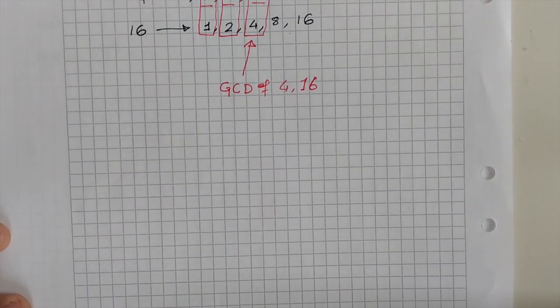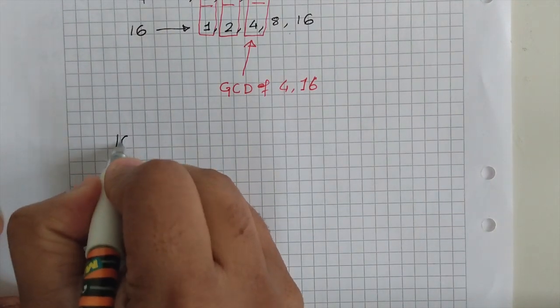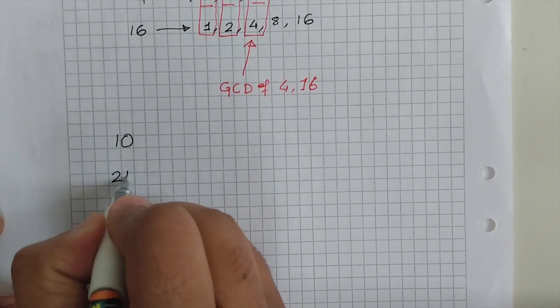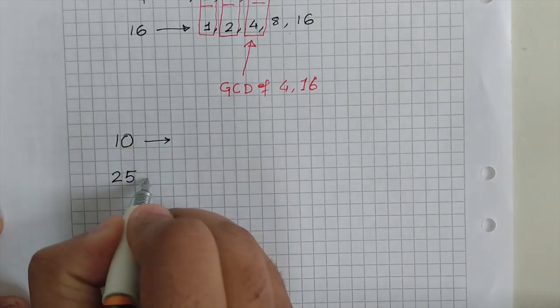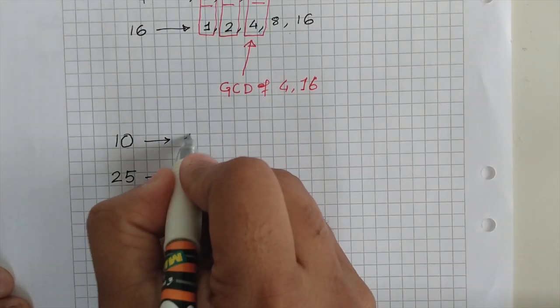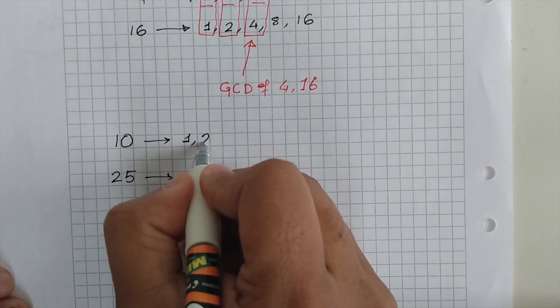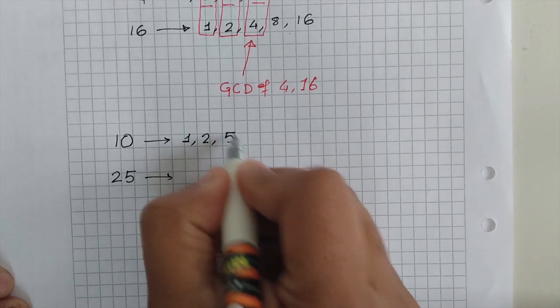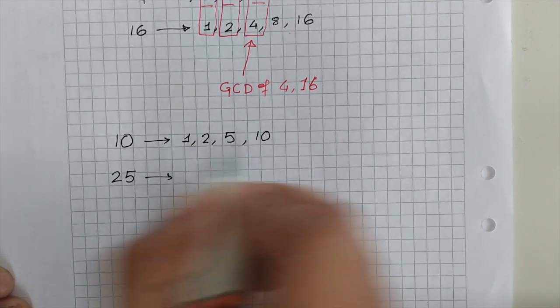Let's look at another very simple example. Let's take 10 and 25. We repeat the same process. What are the numbers that can cleanly divide 10? The first number is 1, the second is 2, the third is 5, and the fourth is 10.